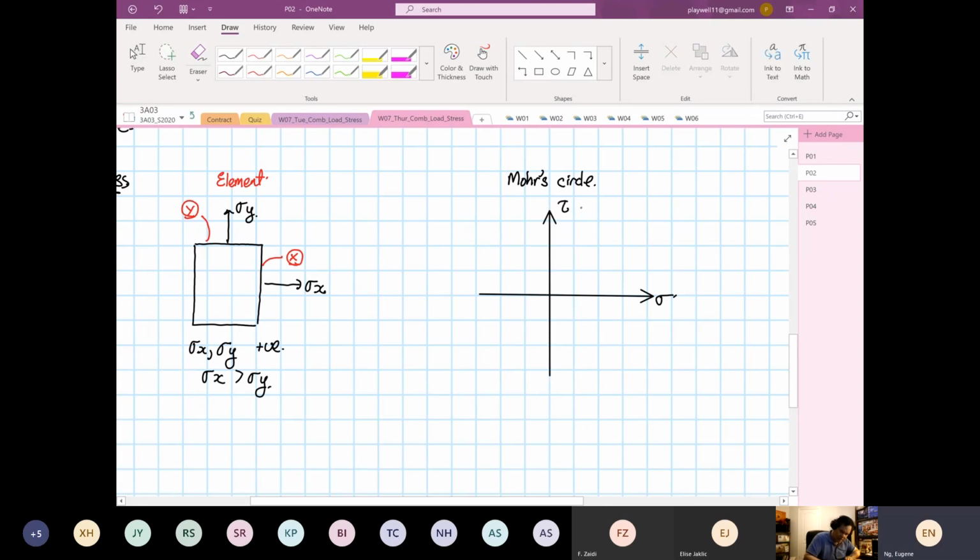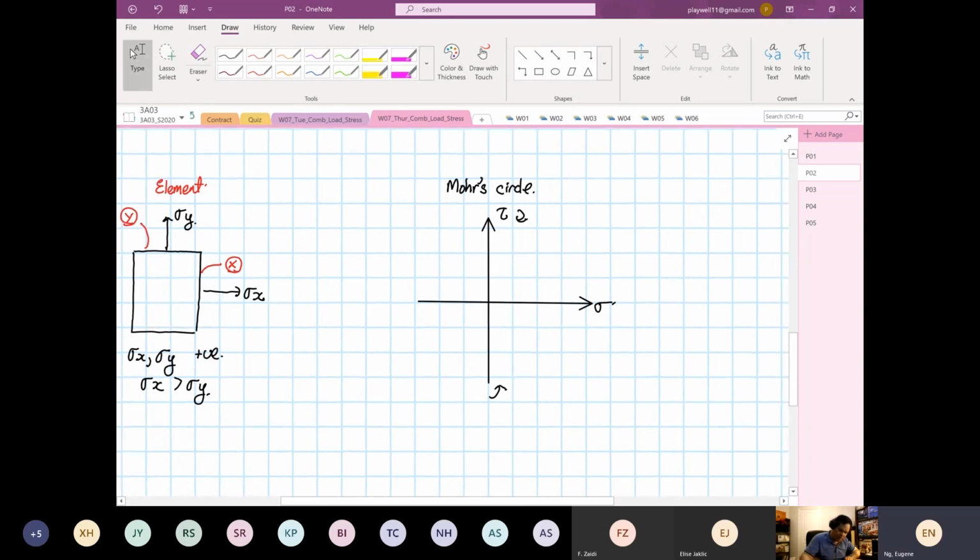Okay, shearing stress, element rotate clockwise, element rotate anti-clockwise. And we state that stress X is greater than stress Y. Both are positive. So this is our stress X line. And then the other one, this one over here, is your stress Y line.